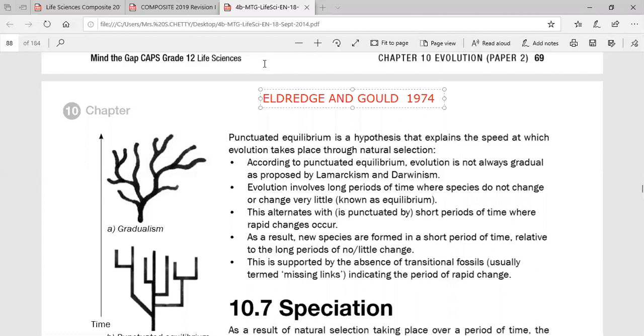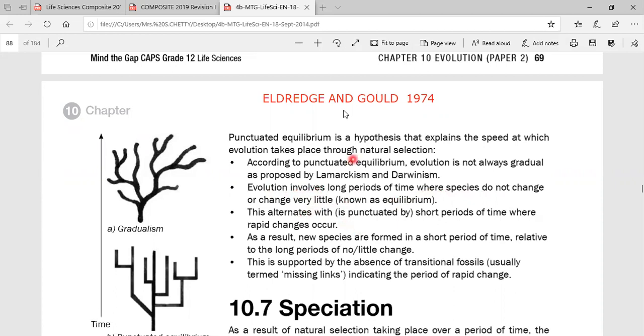So what did these guys propose? They said evolution involves long periods of time where species do not change or change very little, known as equilibrium. So for long periods of time, hundreds and thousands of years, you'd find that species remain unchanged. And this alternates with short periods of time where rapid, drastic changes occur.